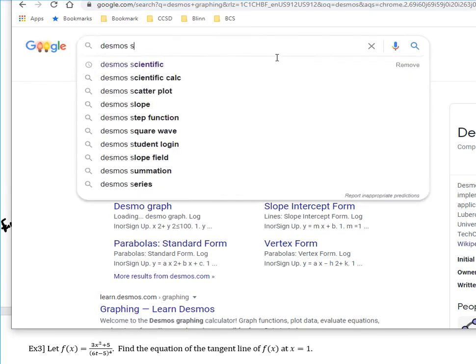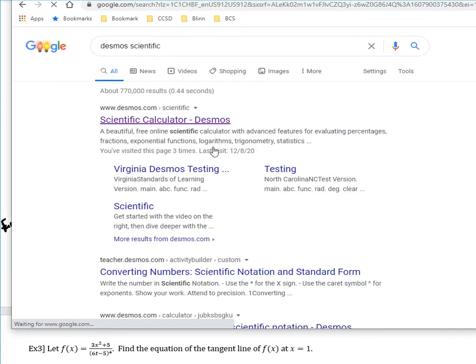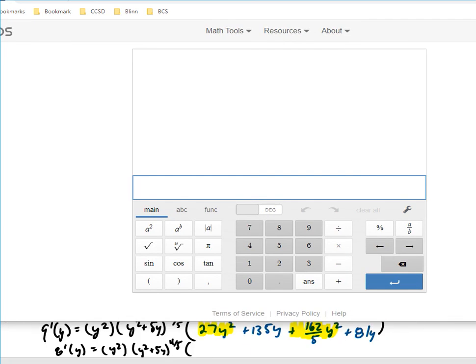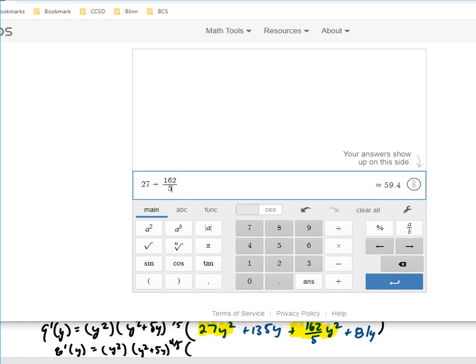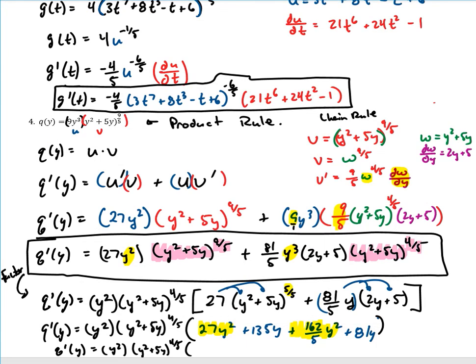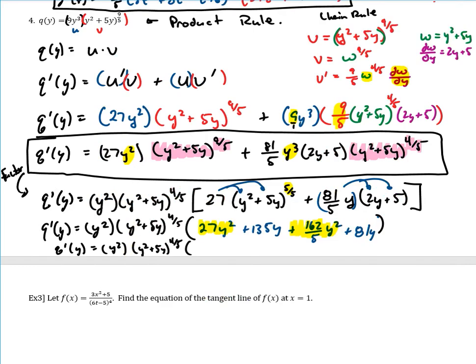I'm going to use Desmos Scientific actually. So I'm doing 27 plus 162 divided by 5, and let's leave it as a fraction. 297/5, and then we'll attach the y squared.